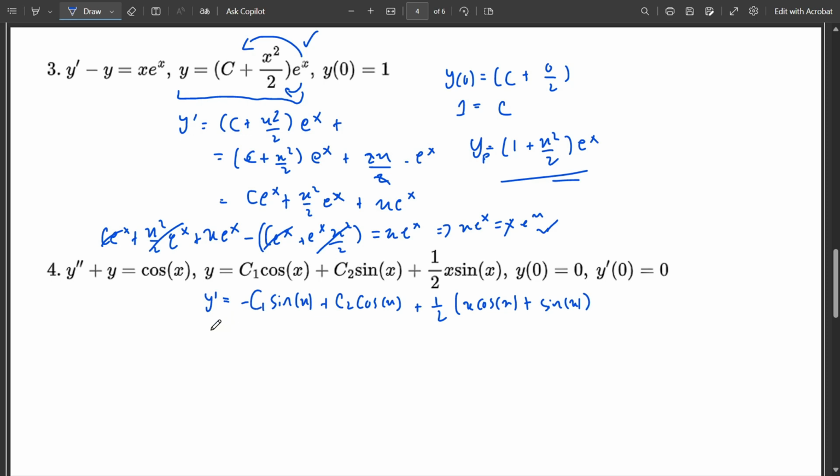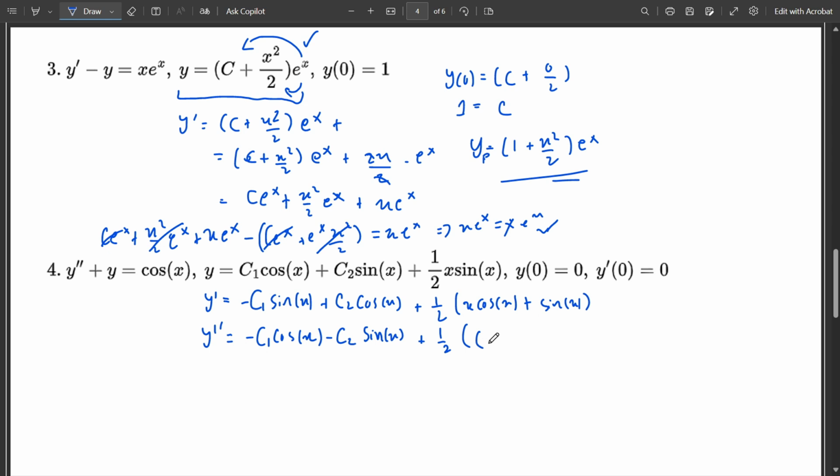And we need to do another derivative. y double prime is equal to the derivative of negative c1 sine of x, which is negative c1 cosine of x, and plus c2 cosine of x... the derivative of cosine of x is negative sine, so negative c2 sine of x plus a half times the derivative of this one, and we need to use another product rule.